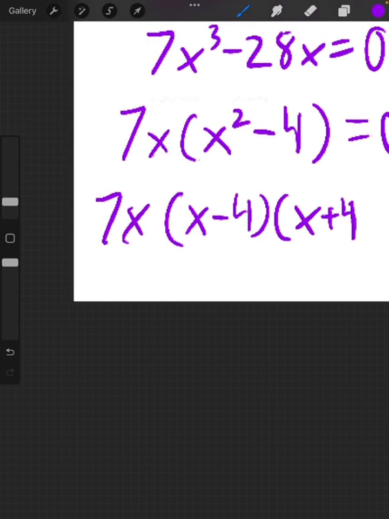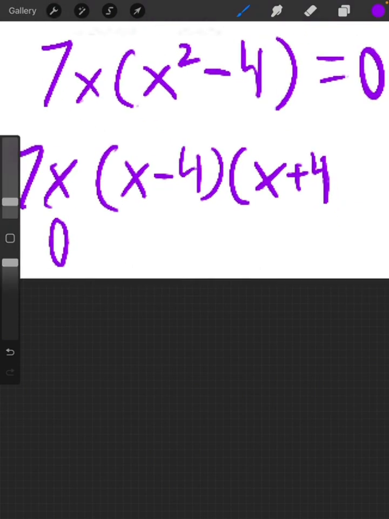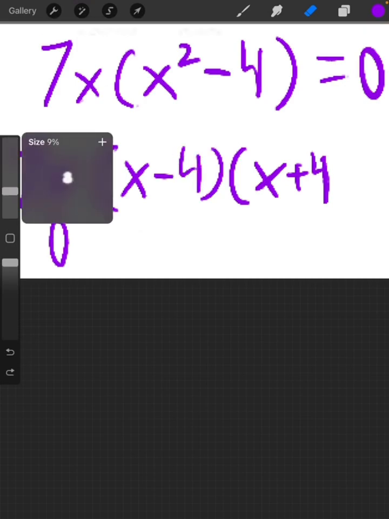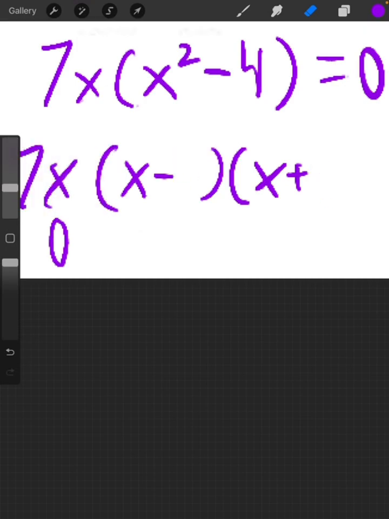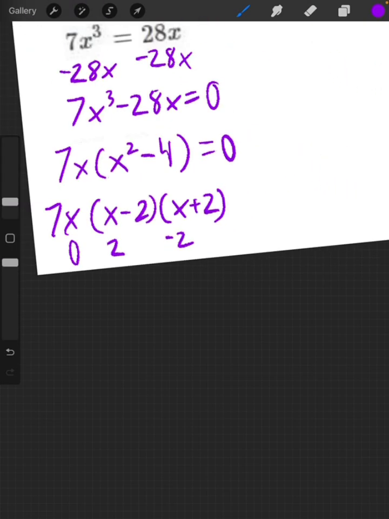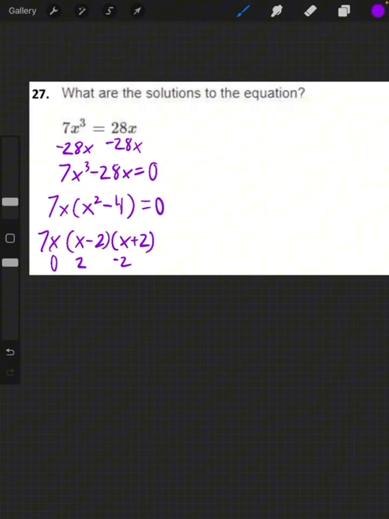So the root of this x would be 0 because 7 times 0 is 0. And then for this one, it would be positive 2. And for this one, it would be negative 2. So that means that our x's are 0 and positive or minus 2.